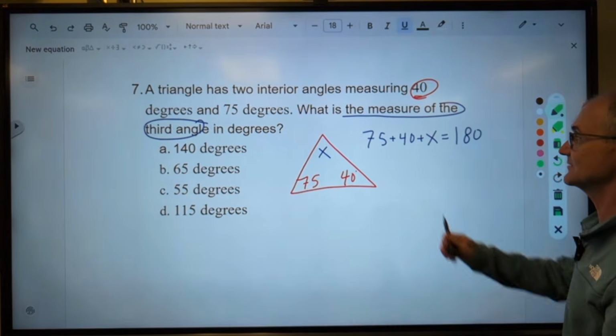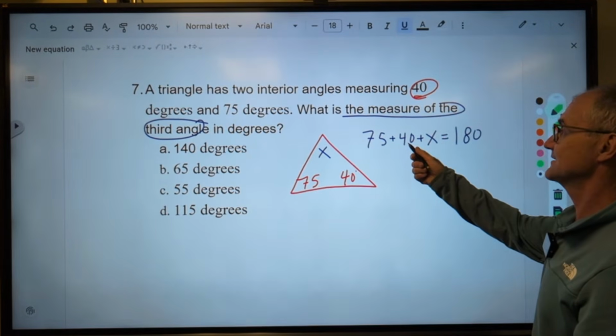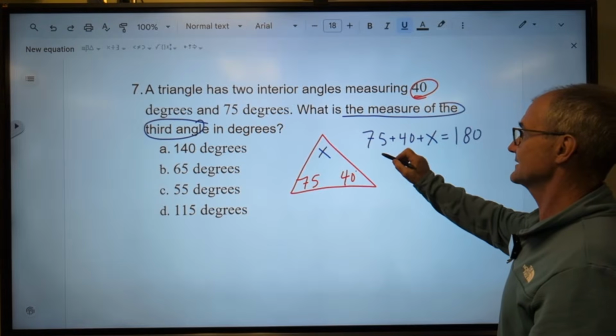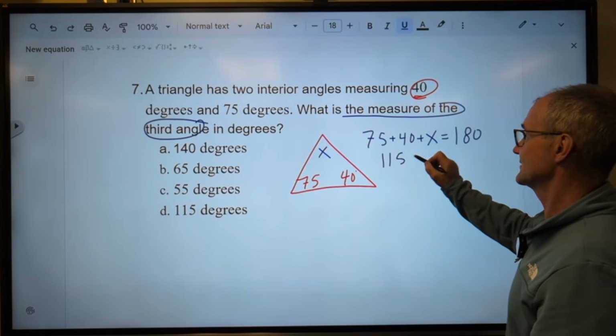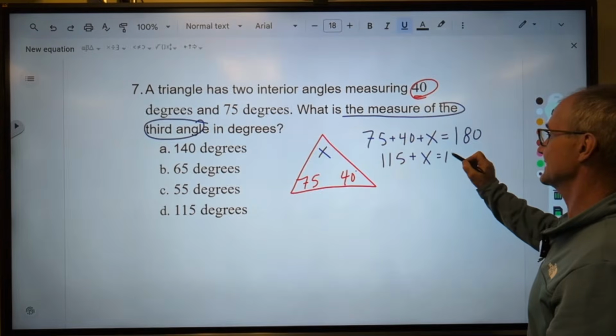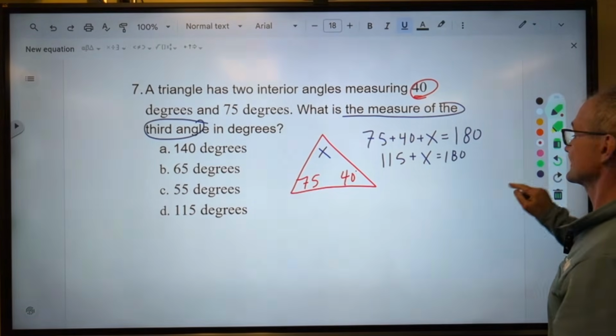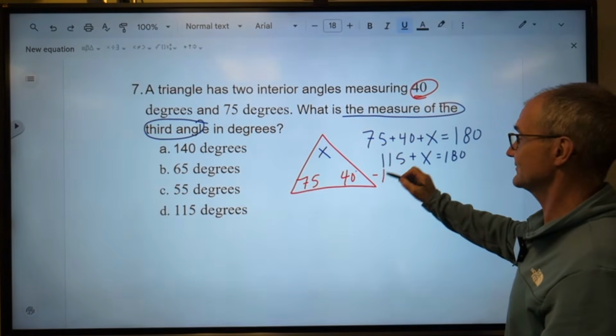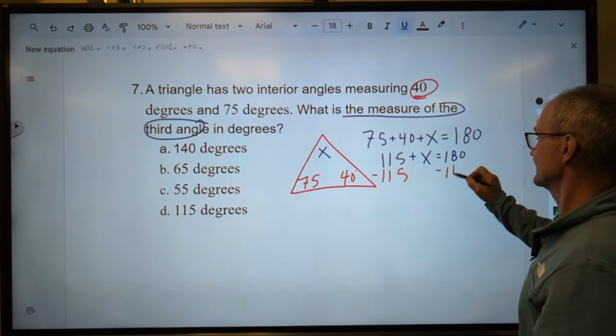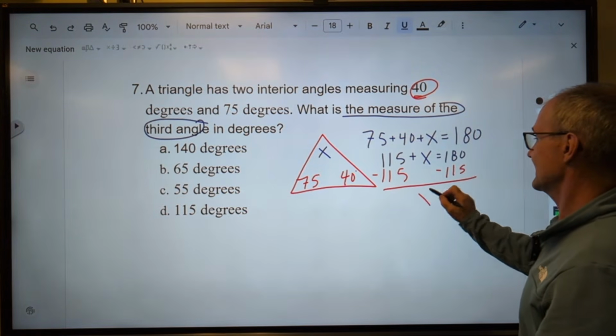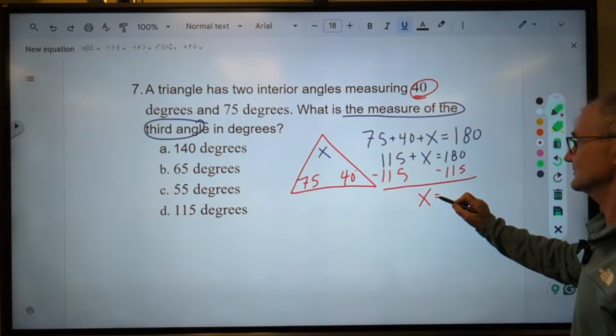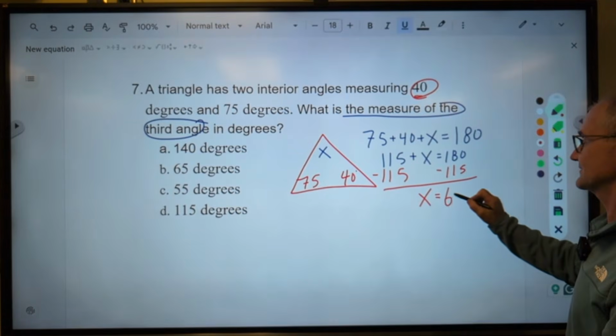Step 4, solve. 75 and 40 is 115 plus x equals 180. Got to get this by itself. Subtract 115 from each side, and x is equal to, I think, 65.